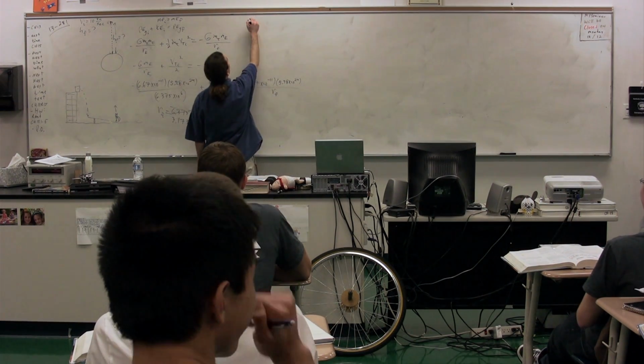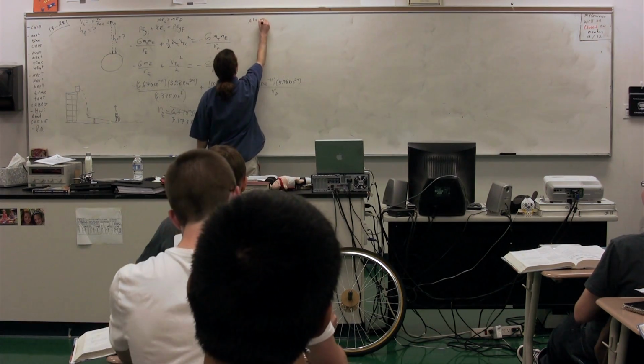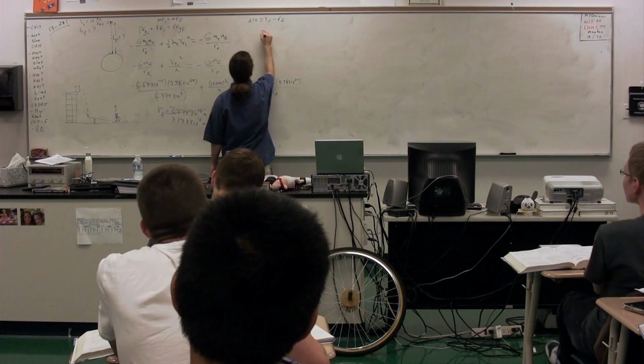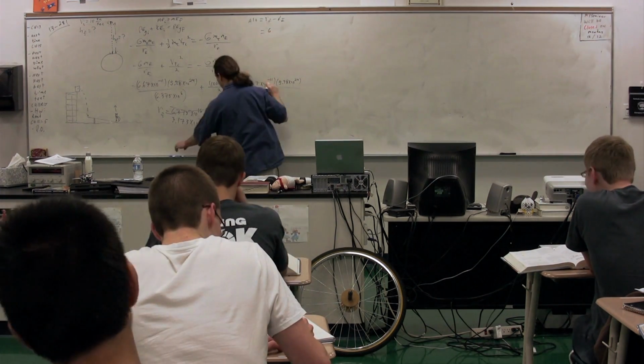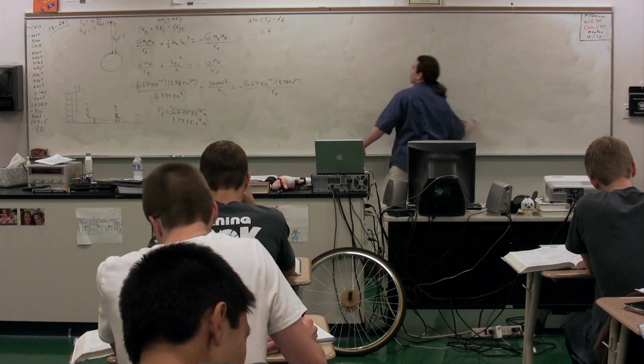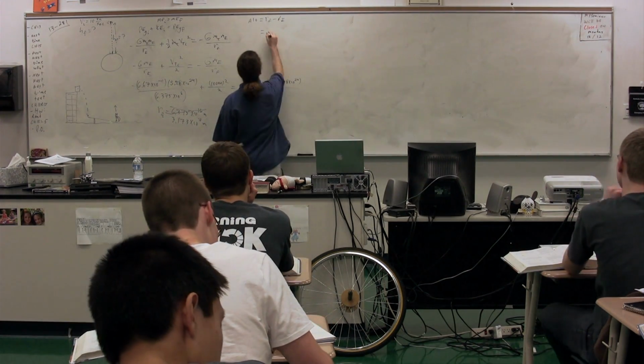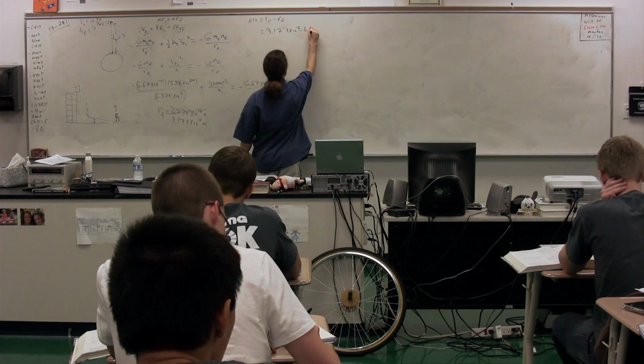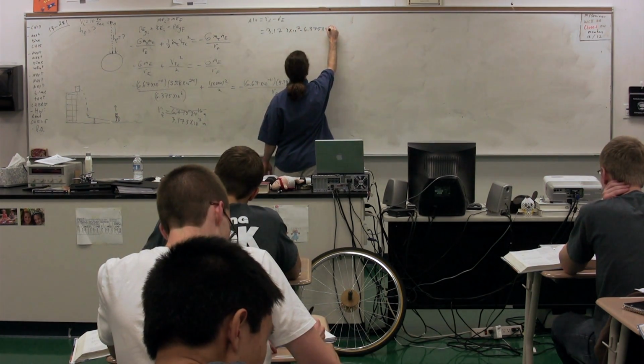So the altitude then is going to be equal to R final minus the radius of the Earth. So 3.173 times 10 to the 7th minus 6.375 times 10 to the 6th.